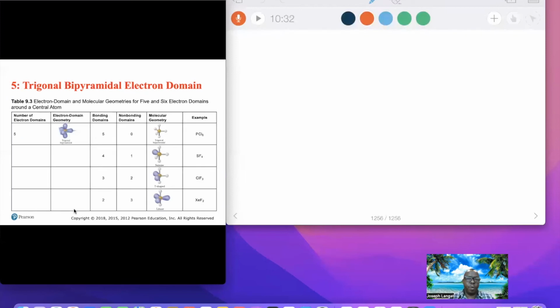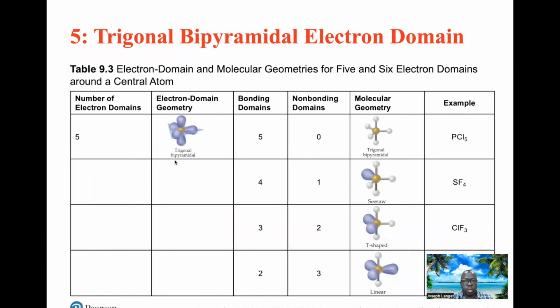You have to follow the rules for drawing Lewis structures for molecules. Look at the electron domain geometry. We have only one definition, that is trigonal bipyramidal. Let me zoom this out so that you can look at the electron domain geometry for 5 domains around the central atom, such as phosphorus pentachloride.